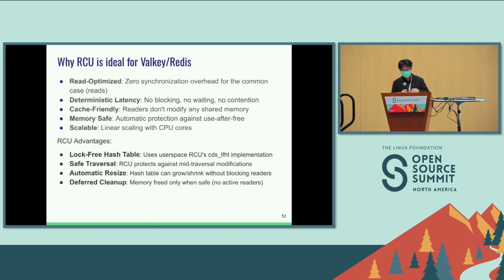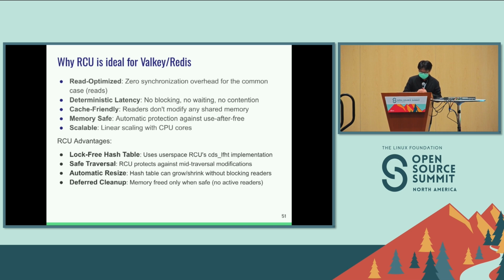So RCU itself is really powerful, and we should utilize the existing data structures provided by Userspace RCU. In fact, in our implementation, we just provide a thin wrapper for the data structures provided by Userspace RCU.